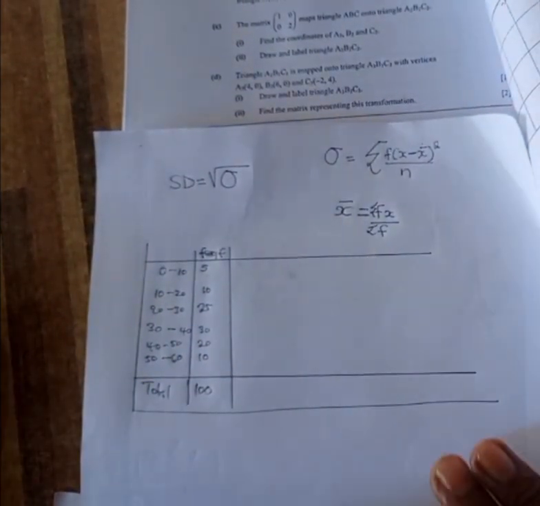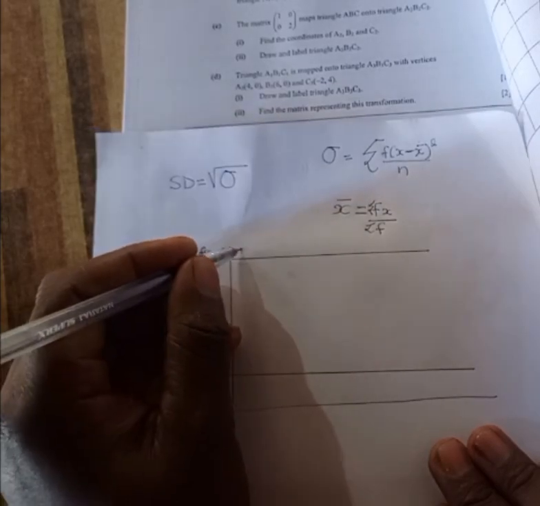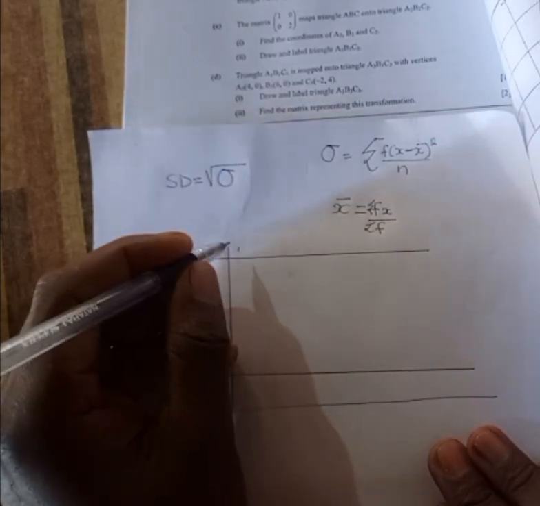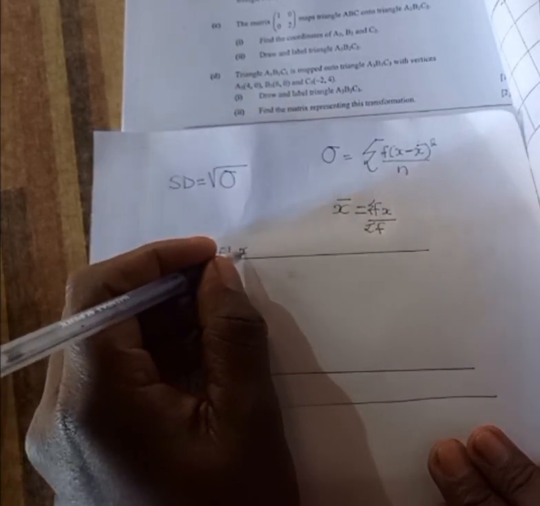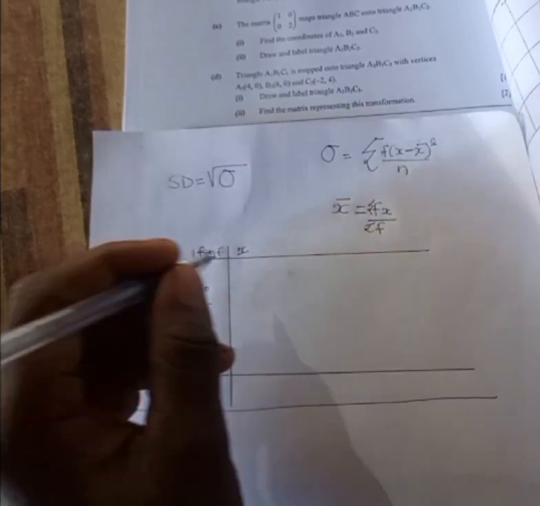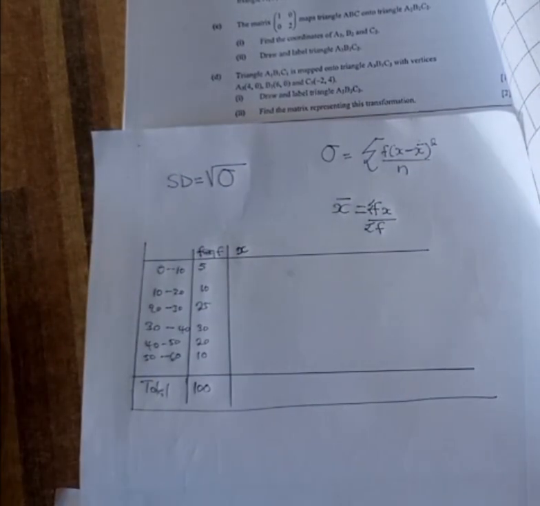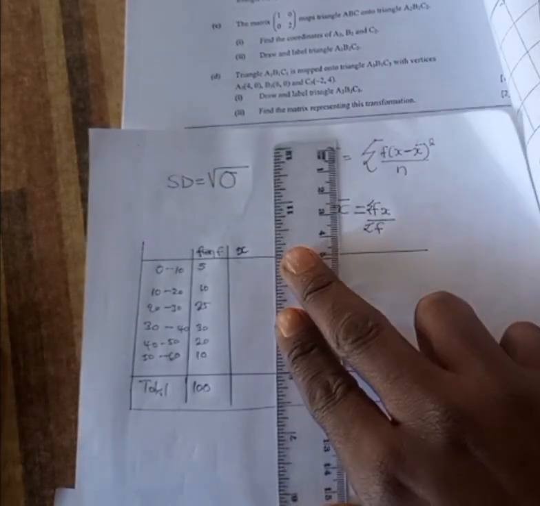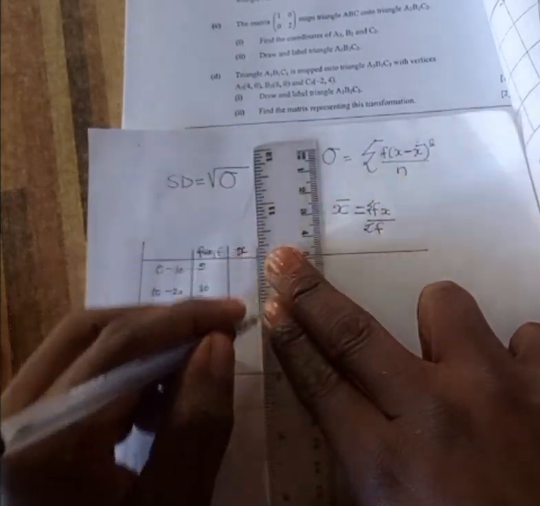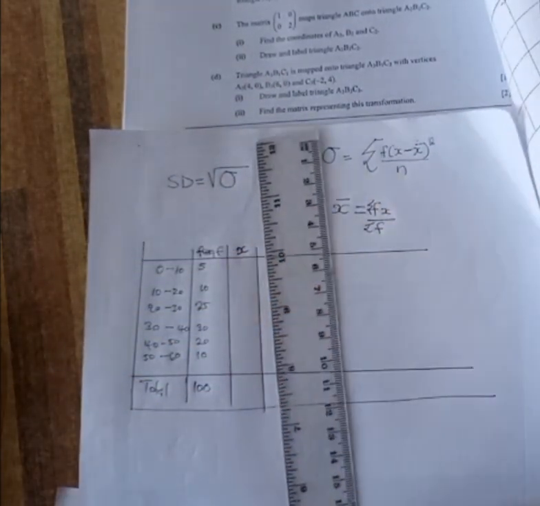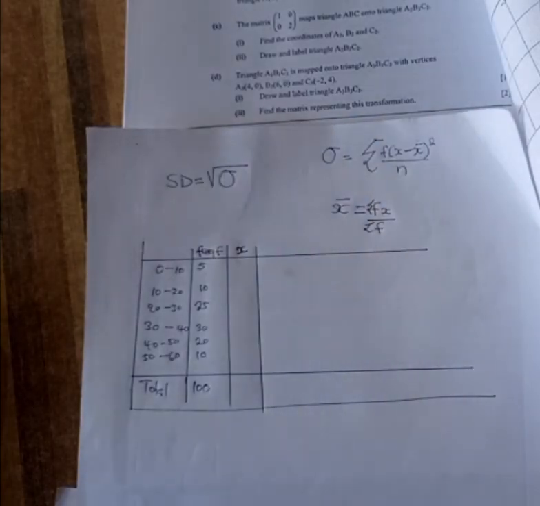From there, we also have to find the x. Why did we say about the x? If you remember what we said about the x, what is the meaning of the x? We said the x stands for the midpoint.